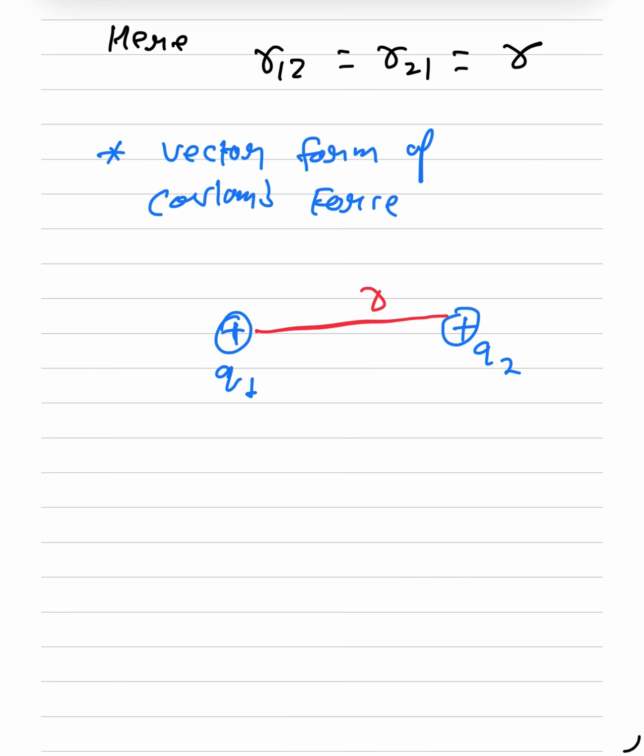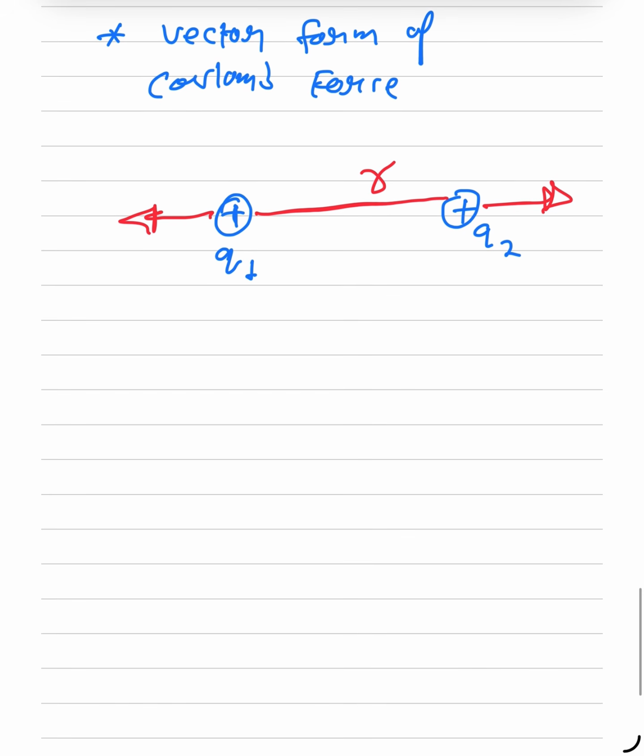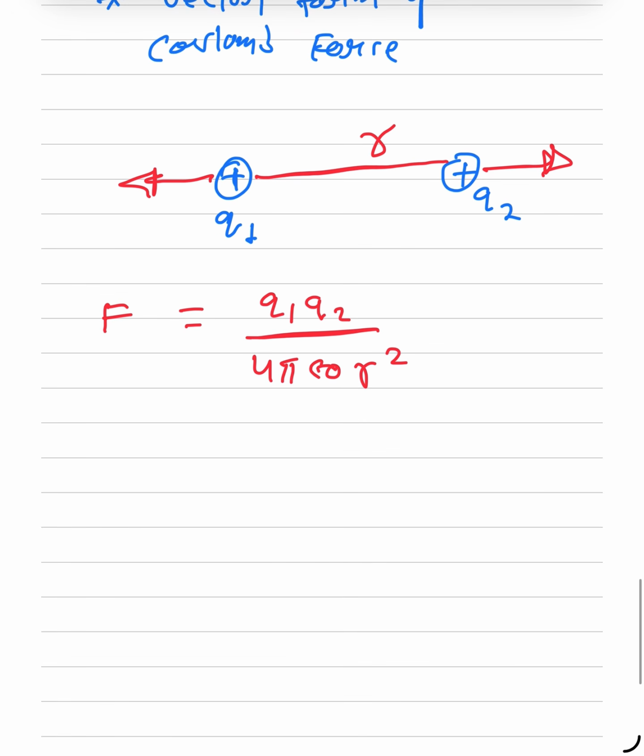The separation distance between both charges is r. In this situation both charges repel each other because both are like charges, meaning both are positive.